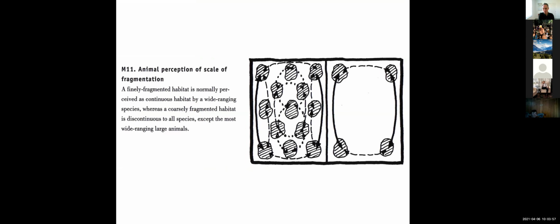Right? So some species that move over great distances, if there's a fine scale of fragmentation like the one on the left, it doesn't make quite as large a difference, because they tend to view that as a more or less continuous habitat. But the one on the right is going to be problematic for just about any species.